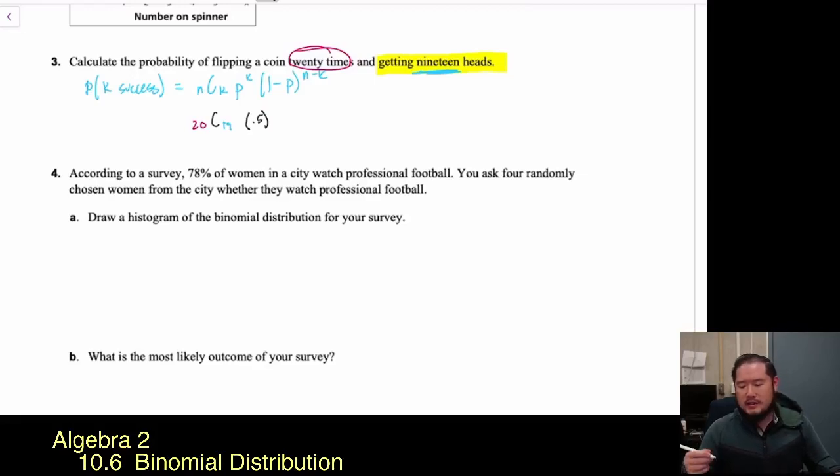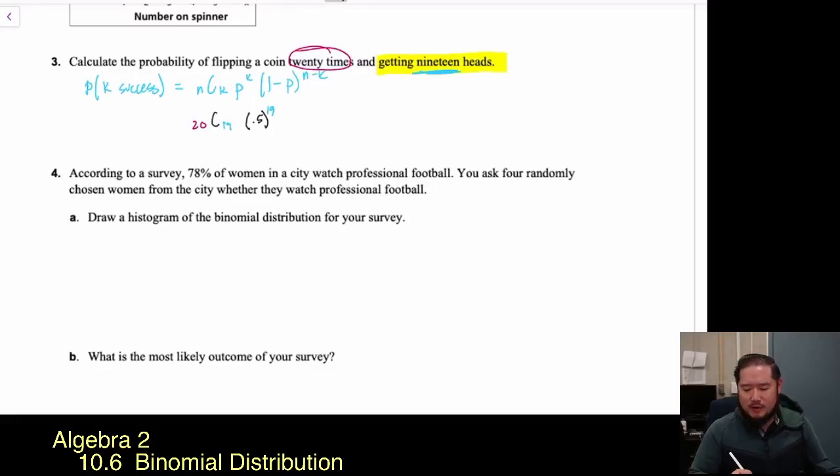We need to raise that to the k power, which happens to be the number of successes, so the success rate that we want is 19. That's hard. If you flip a coin 20 times and you want 19 of them to be heads, if I was a gambling person, I would not take that bet.